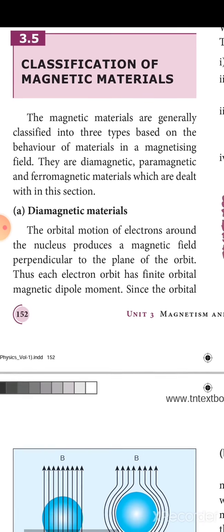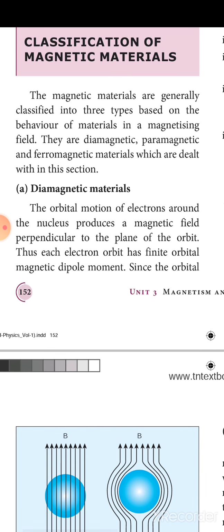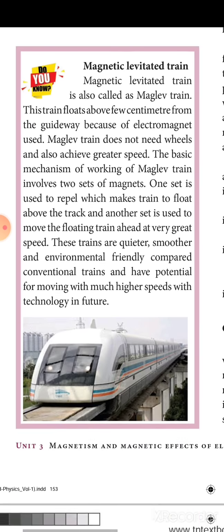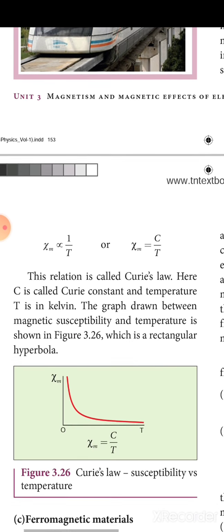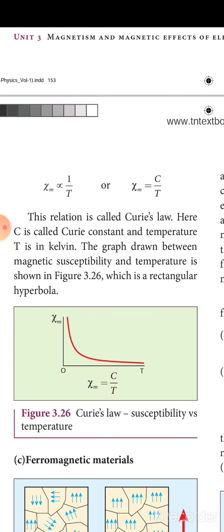And classification of magnetic materials. Magnetic materials are classified into three types, namely diamagnetic material, paramagnetic material, and ferromagnetic material. The three types of magnetic materials have different properties, from dia to para to ferro, so we study the properties of dia, para and ferromagnetic materials.